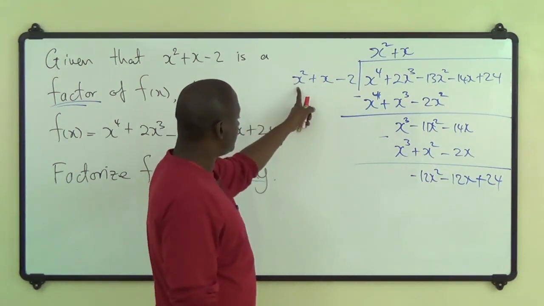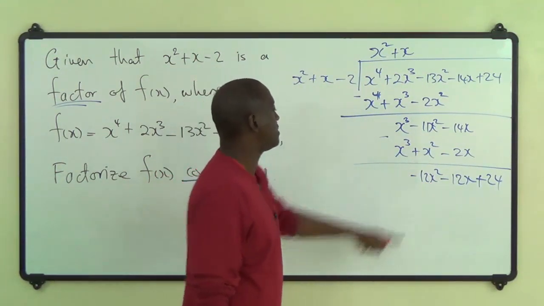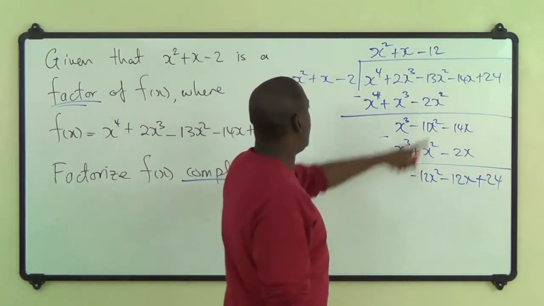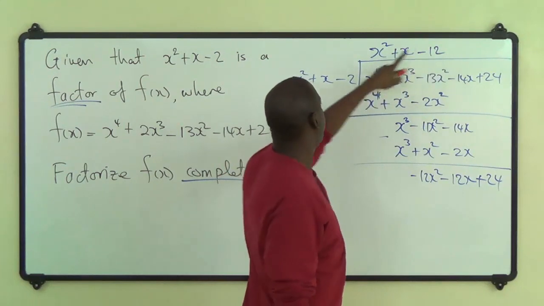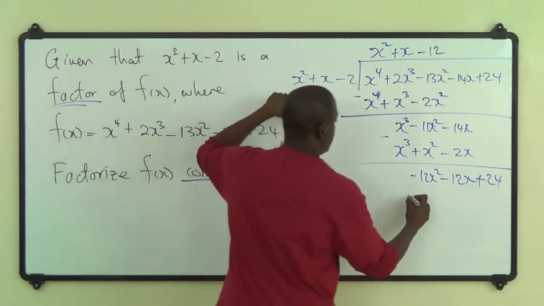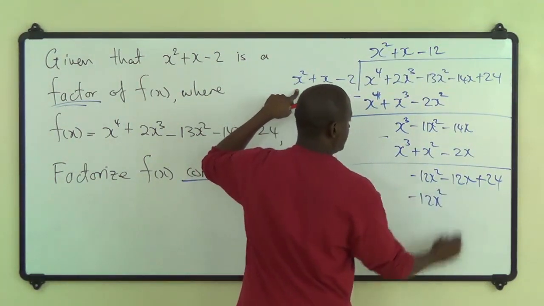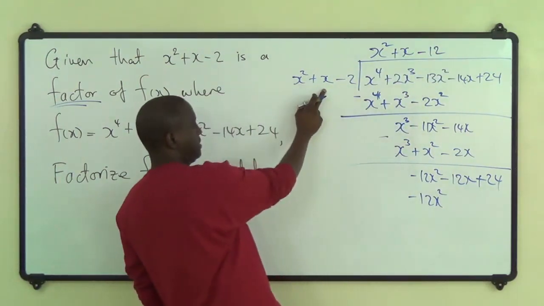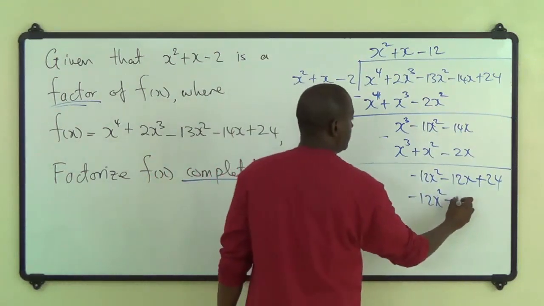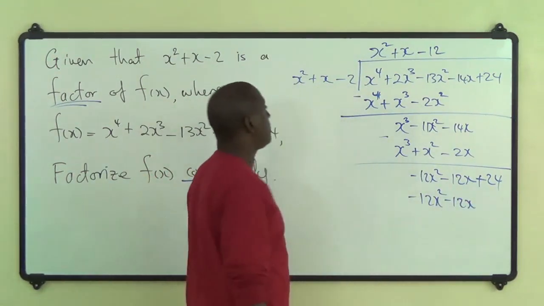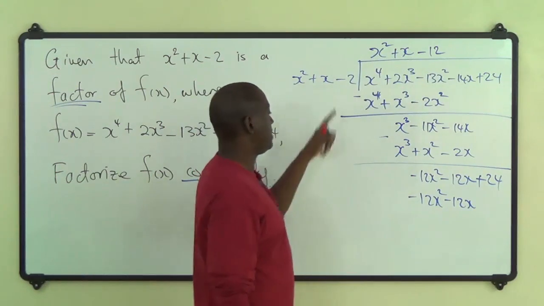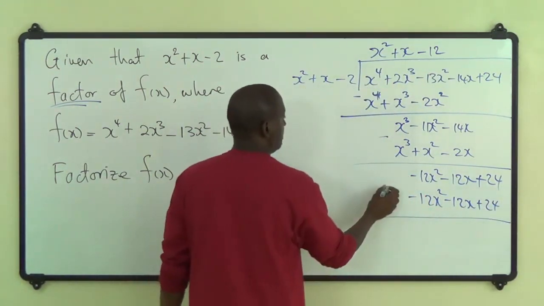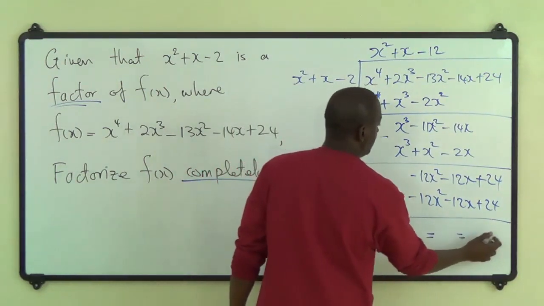So x squared into minus 12x squared is minus 12. And so minus 12 by x squared is minus 12x squared, minus 12 by x is minus 12x, and minus 12 by minus 2 is plus 24. So you're minusing, boom, boom, boom, boom, and boom, boom.